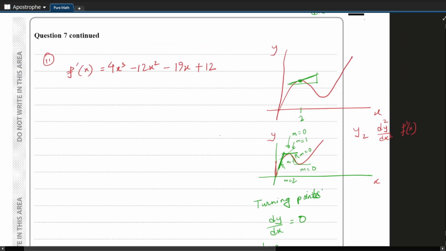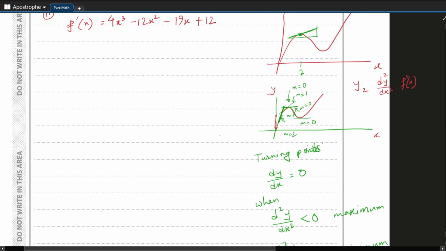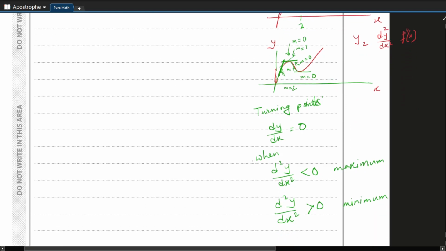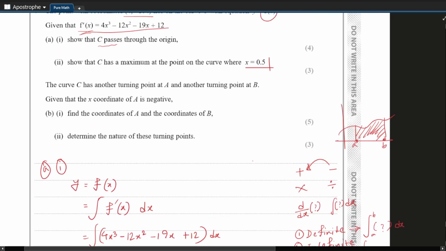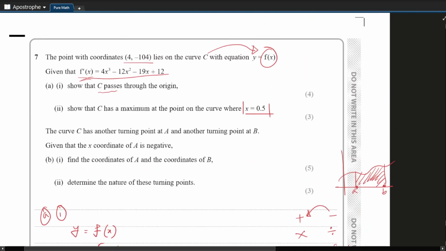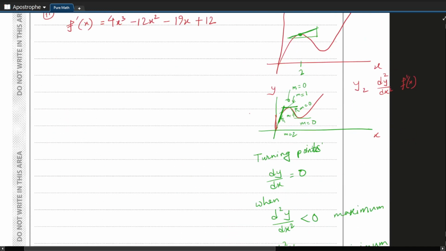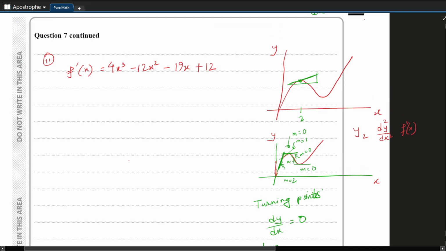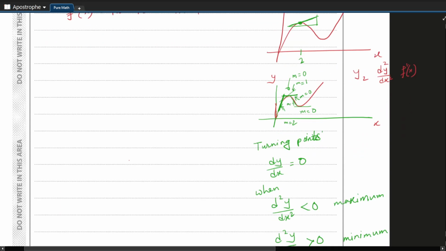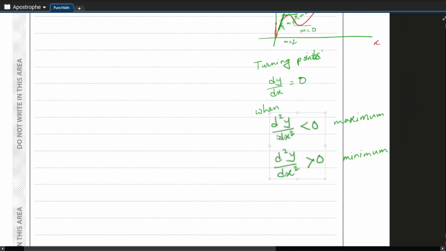First, we have to check whether it's a turning point or not, and then find out whether it is a maximum or a minimum. But luckily, the question already says this is a turning point at x equals 0.5, so we don't have to check that. We just have to check whether it's a maximum or minimum. For that, as we can see here, we have to find the second derivative.